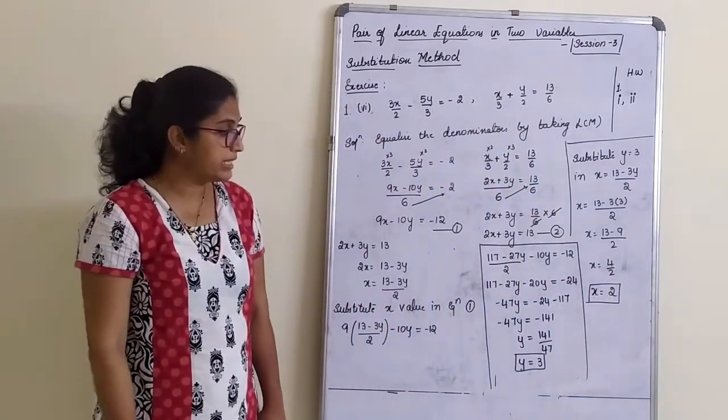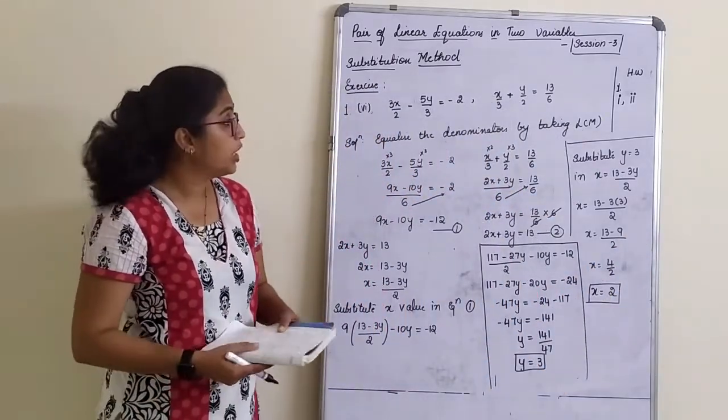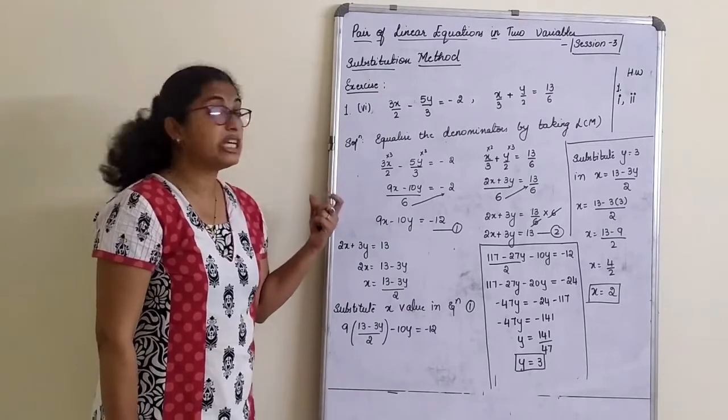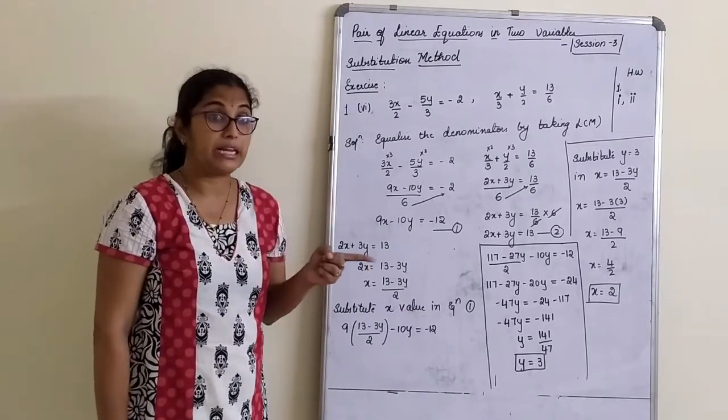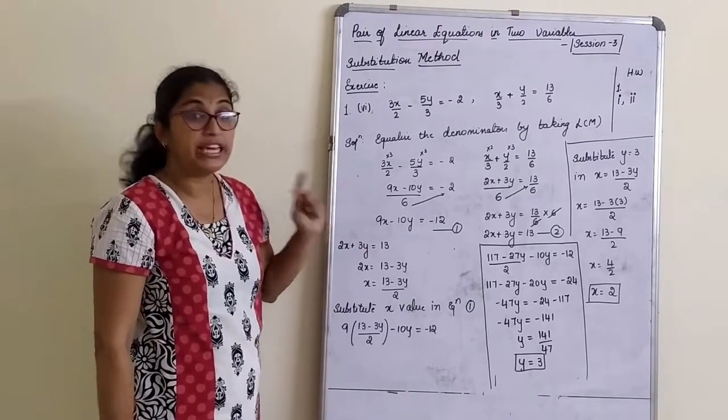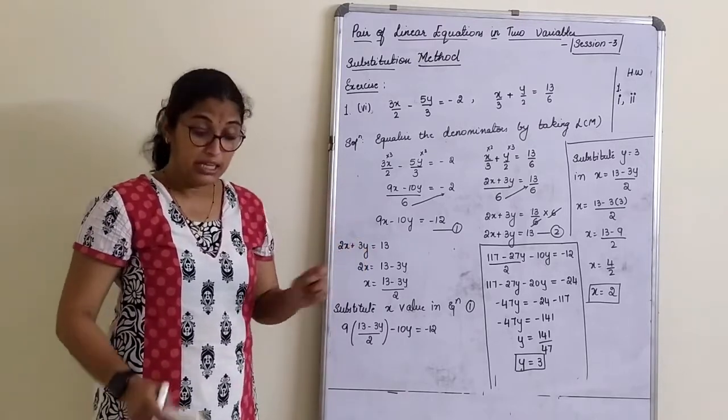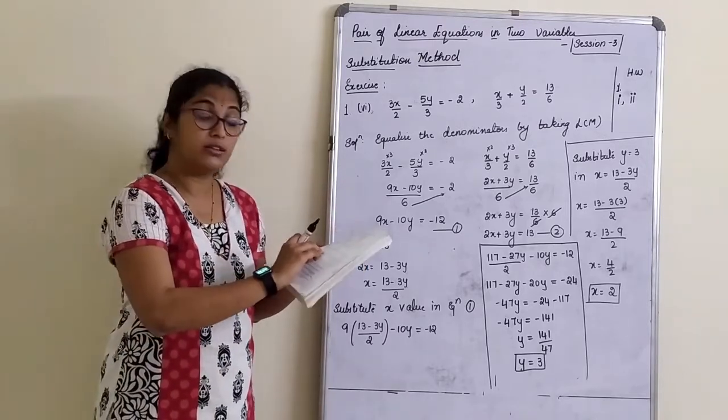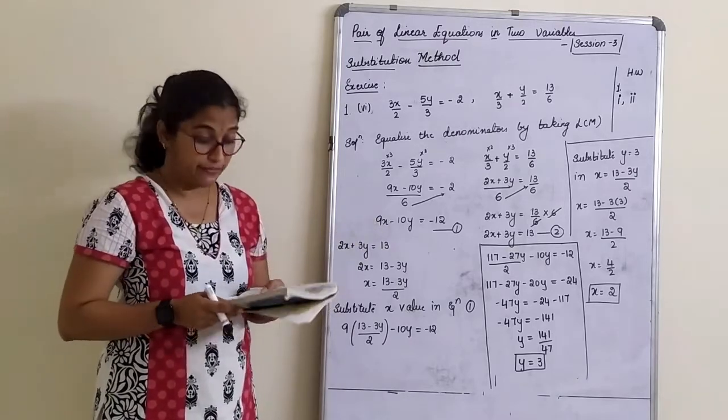Right? y value is 3. x value is 2. Only thing we did here was we equalized the denominator in the beginning so that our division and simplification became very easy. You can apply the same thing in that second homework which I have given.